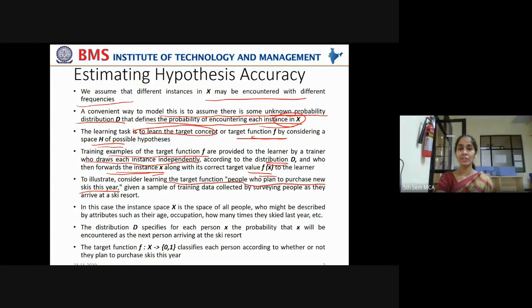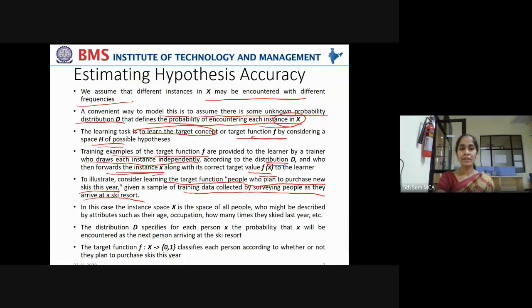Okay, so the target function is to learn about the people who are interested to buy skis this year, given a sample of training data collected by surveying people as they arrive at a skiing resort. Okay, some people are on a vacation and they're going to a skiing resort. Now the company wants to estimate how many of them would purchase the new skis.